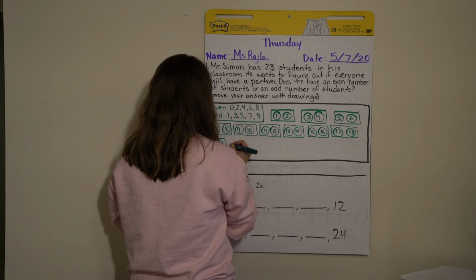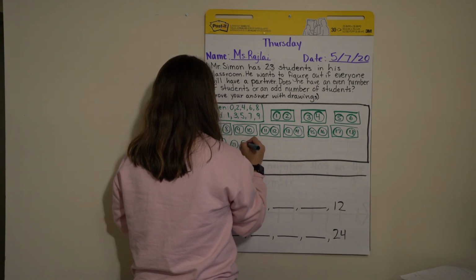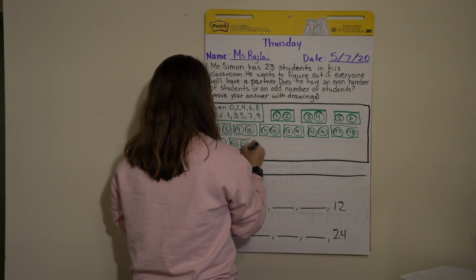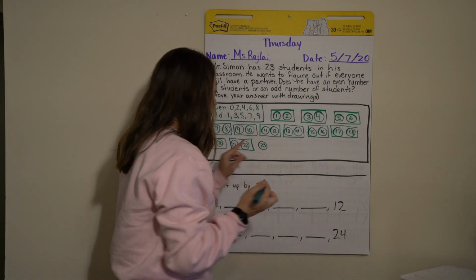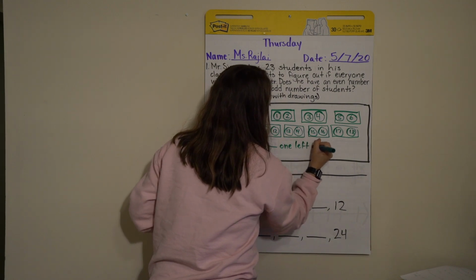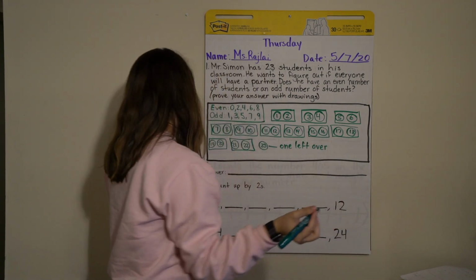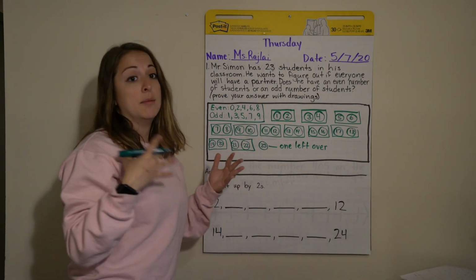We're going to stop at 23. 21, 22. And we have 1 left over. That definitely tells us that we have an odd number of students because not everyone has a partner.